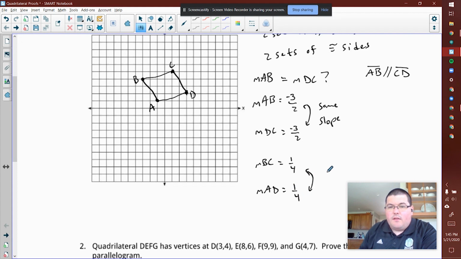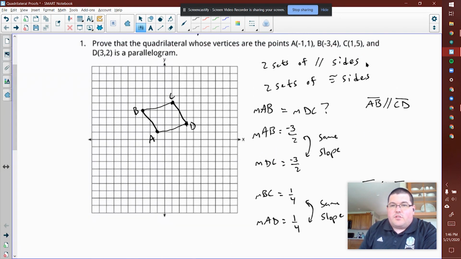And so again, here we see the same slope. And so we can say that BC is parallel to AD. So we're halfway done. We've got our two sets of parallel sides. So can we then prove that they are congruent?